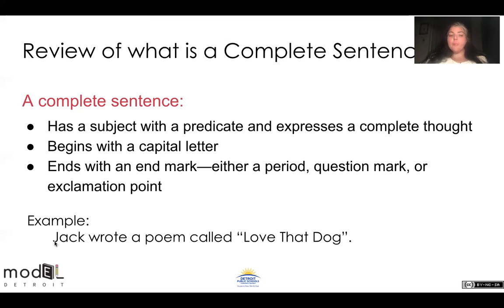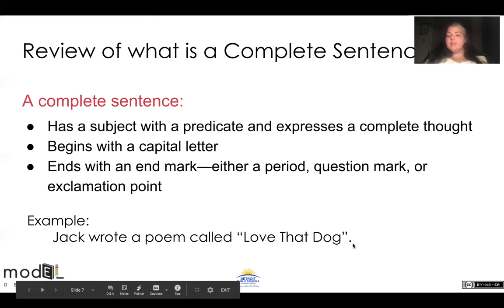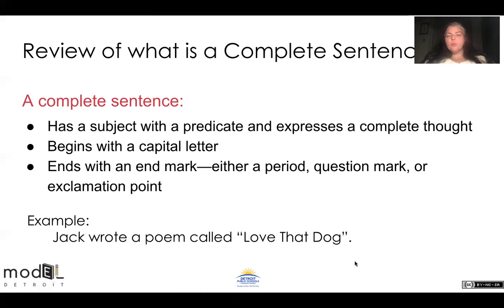Yes, it begins with a capital letter. The J in Jack is capitalized. And then it has to end with an end mark. So this sentence ends with a period. So that's just a real quick review of what a complete sentence is. Let's continue with our work that we're going to be doing today.